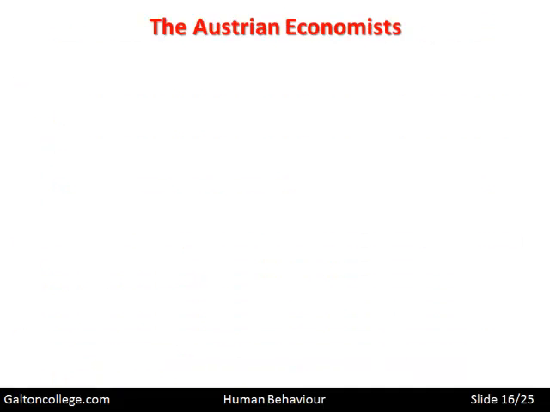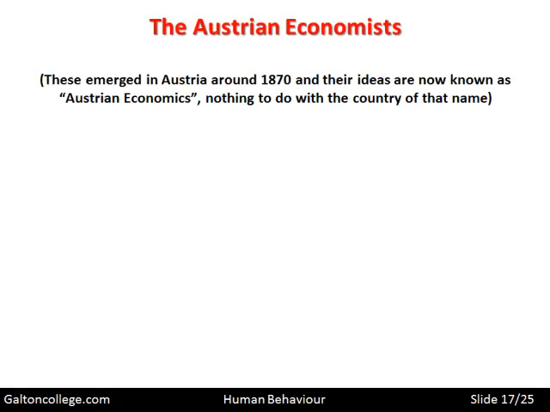There is one group of economists called the Austrian Economists who explicitly reject the idea of predictability and say human behavior is far too complex and economics can't be a science. These people emerged in Austria around 1870 and they're known as Austrian Economics.